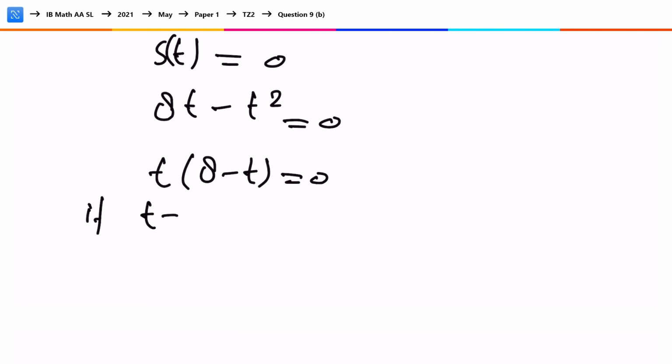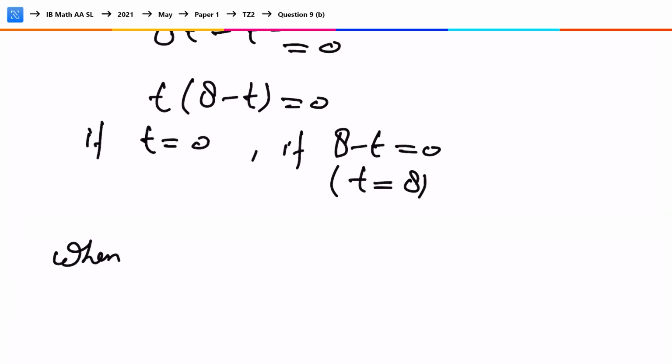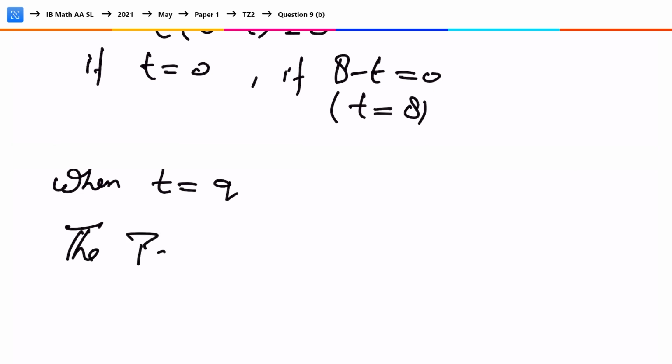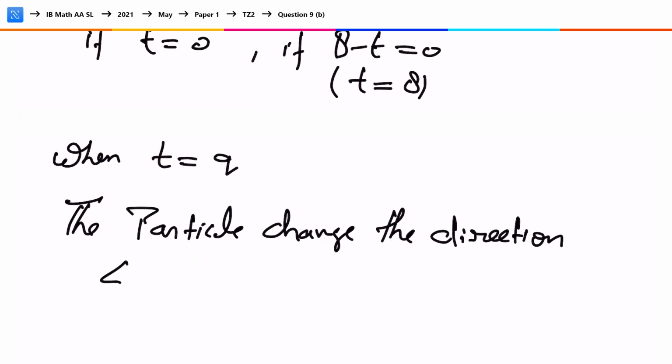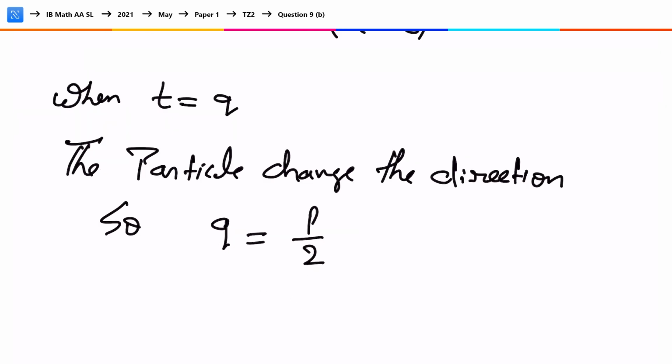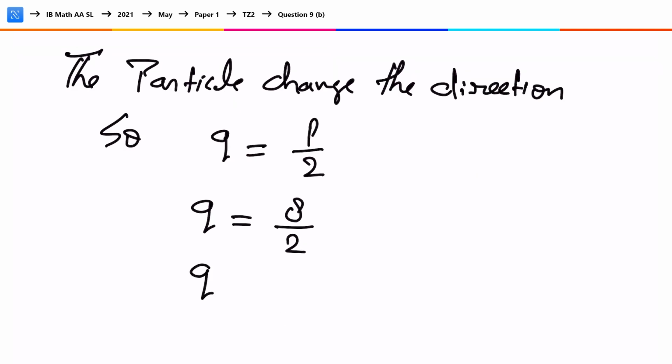If t is equal to 0, or 8 minus t equals 0, then t equals 8. When t equals q, the particle changes direction. So q is equal to p divided by 2. Thus, q is equal to 8 divided by 2, which is 4.